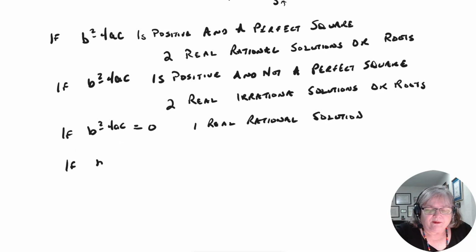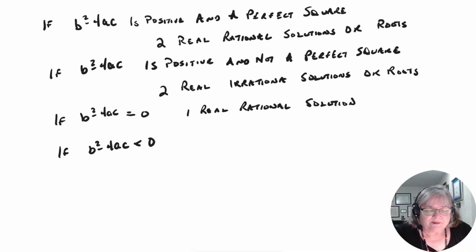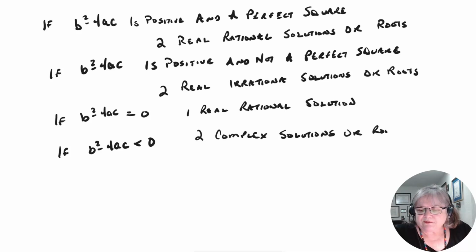And if b squared minus 4ac ends up being negative, you're going to get 2 complex solutions, sometimes called roots again. All right.